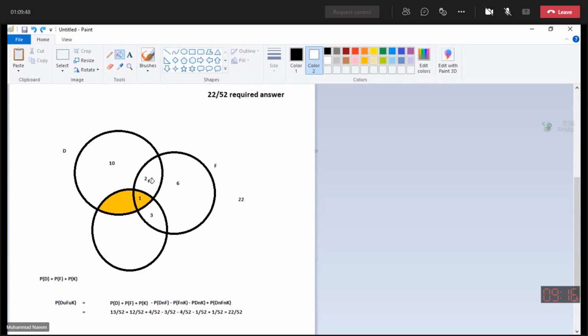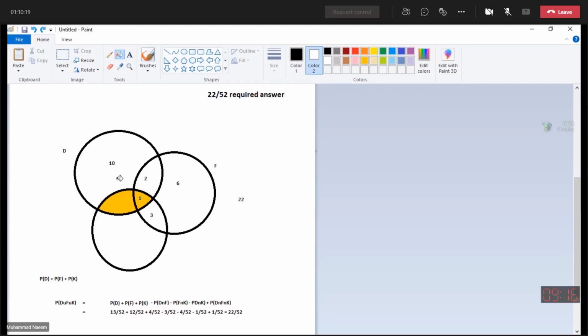These two cards have two characteristics, because these two cards are diamond and also face cards. These three cards are king and also face card. This one card has all three characteristics: it is a diamond, also a face card, also a king.